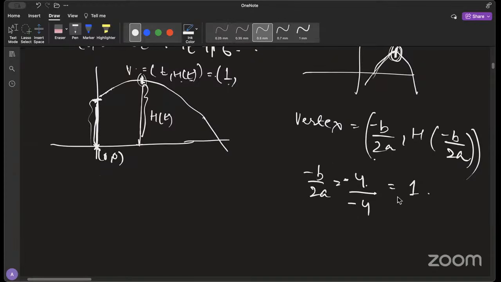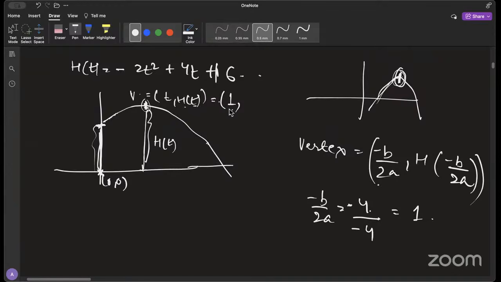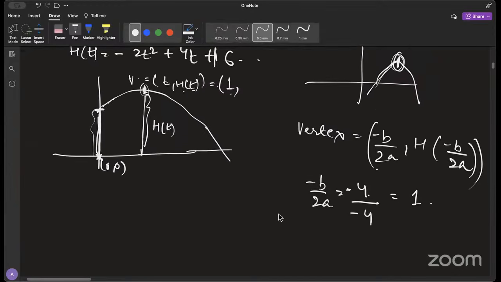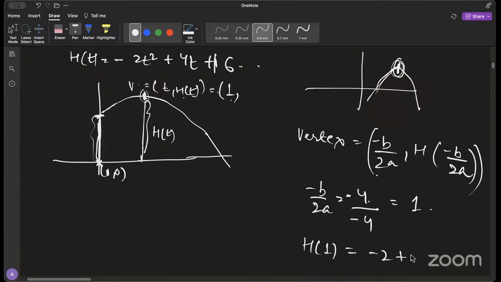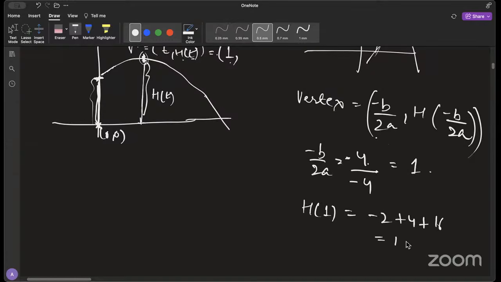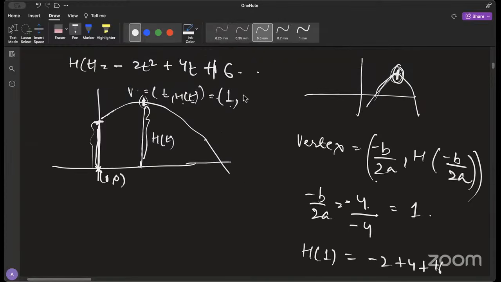And then for h(t), you substitute 1 in this equation. So you will get minus 2 plus 4 plus 16, which is 18. The maximum height will be 18.